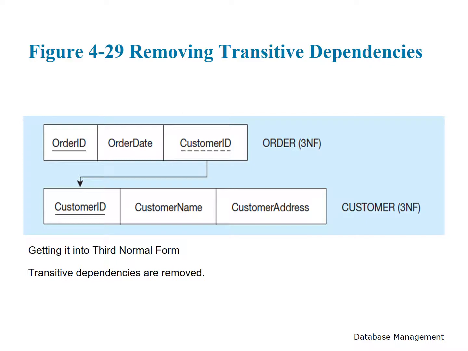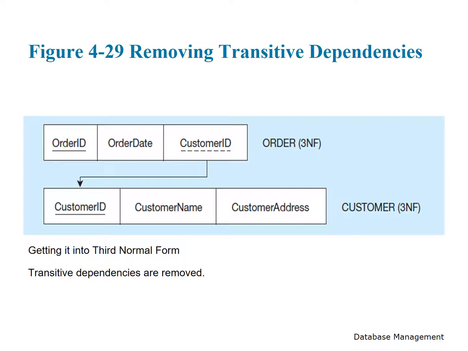Customer order is renamed order, and the attribute customer ID remains as a foreign key in that relation. This allows us to associate an order with the customer who submitted the order.